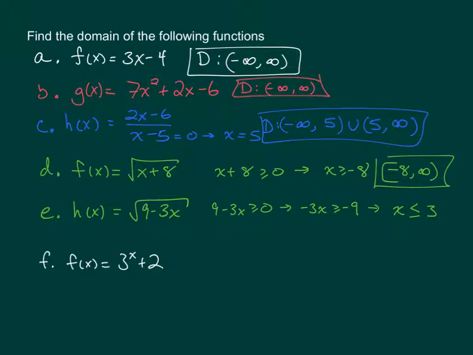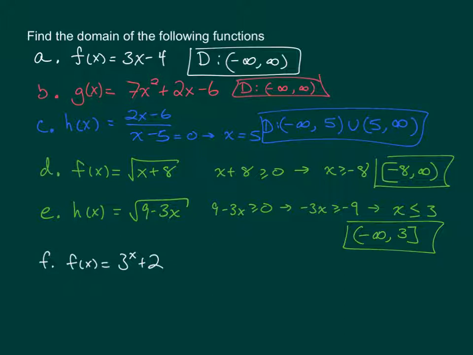And this inequality sign switched directions because you're dividing by a negative 3 in this inequality. So this is the domain, but in interval notation, this looks like negative infinity to 3, and you include the 3. There is your domain for part E.